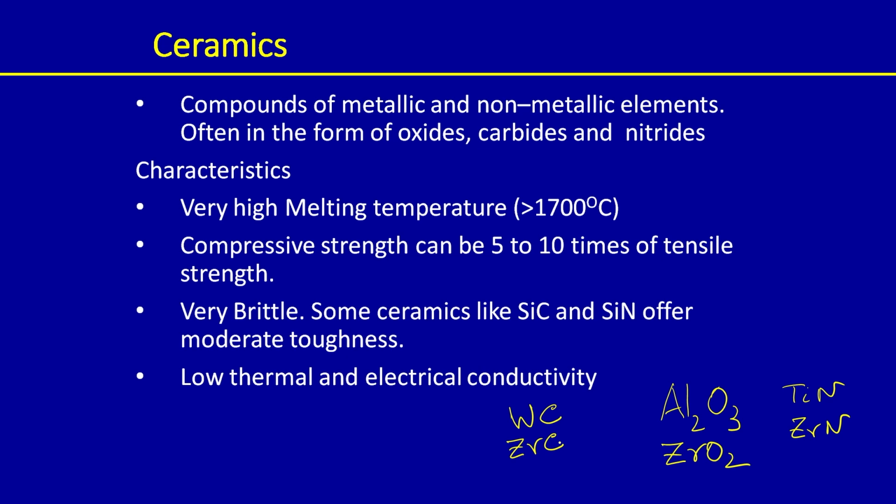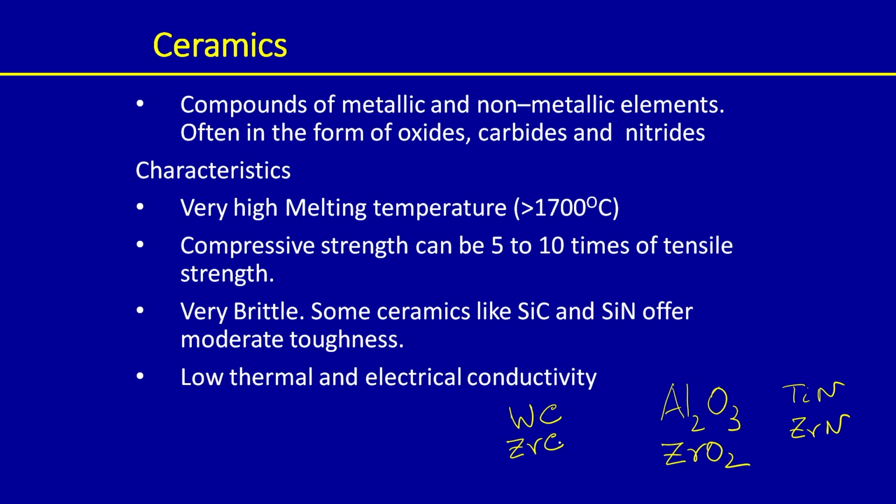They have huge compressive strengths but poor tensile strengths. Most ceramics are brittle, except a few, like silicon carbide and silicon nitride, which can offer moderate toughness. Similarly, if I add yttrium oxide into zirconium oxide, it can also give toughening because of transformation toughening.